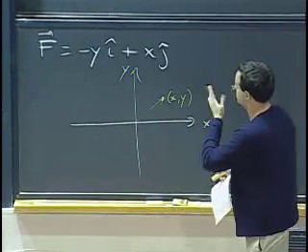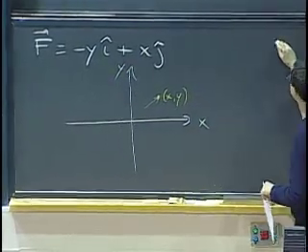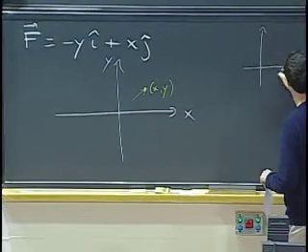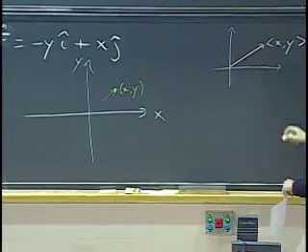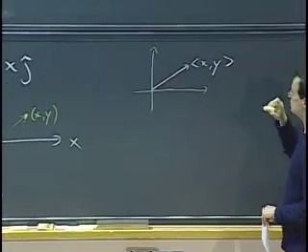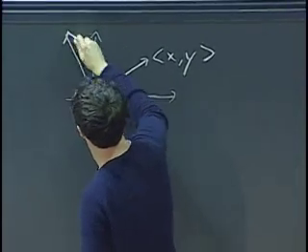If I rotate this vector, let me draw a picture on the side. If I take the vector (x, y), then the vector with components negative y and x is going to be like this.